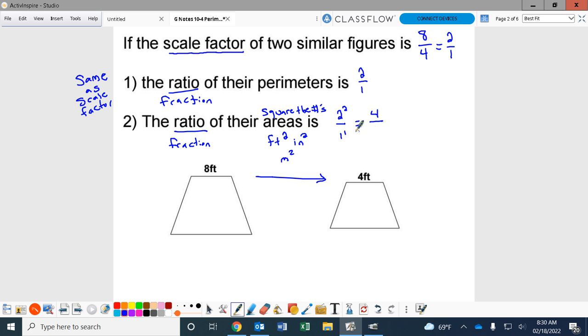And what is 1 squared? 1. There's the ratio of the areas. The area of the bigger one is 4 times as big as the area of the smaller one. Guys, the ratio of the perimeters and the ratio of the areas is usually, not always, but usually not the same.